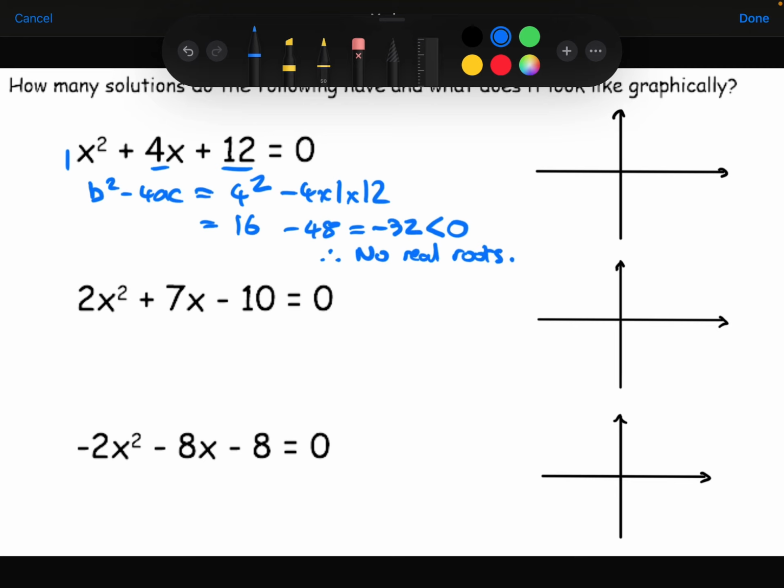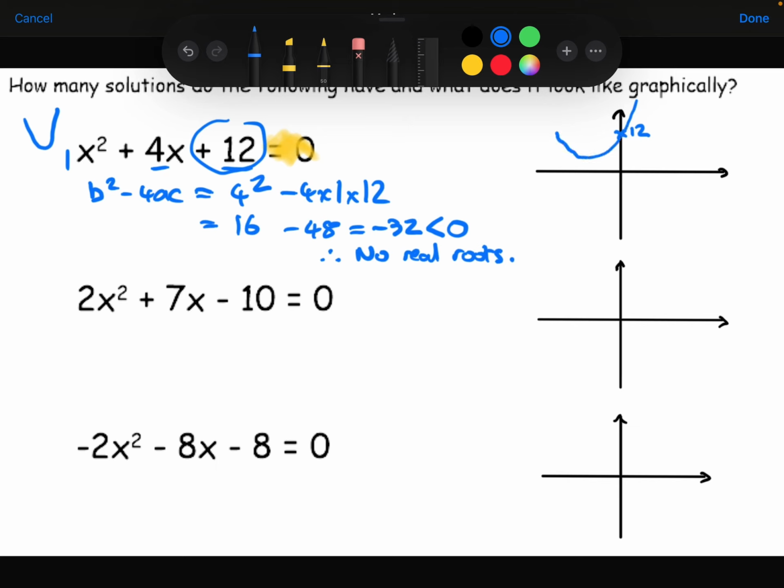Graphically, what that means is it is not going to intersect the x-axis at all. It will never equal 0. So when I come to sketch this, I know it's going to cut through at 12. I know it's a positive x squared, so it's going to be a U shape. And I know that it will not cut through the x-axis.